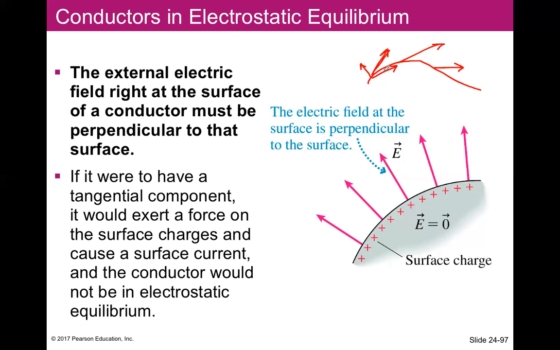It has a component along the surface. Then if you have a charge here, it will simply move because you have a component to push it from one side to the other side on the surface. So is that because those perpendicular components, they do exist, they cancel?